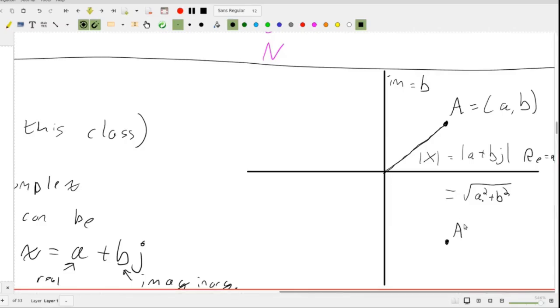So we have A star, which is equal to A comma negative B. Does that make sense? That's our negative B, and that's our conjugate pair.